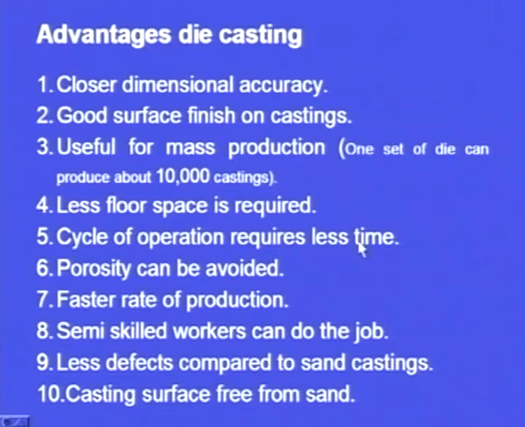Another advantage is cycle of operation requires less time. This is another advantage over the conventional sand casting process. In the conventional sand casting process, what is the cycle required?